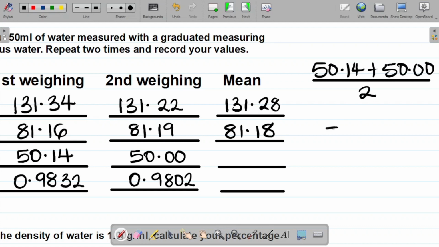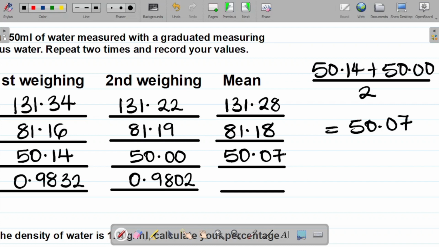I'm punching my calculator. That's about 50.07. So I have 50.07 as my answer.